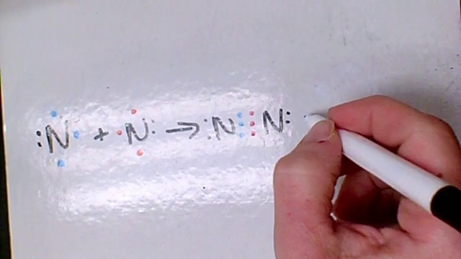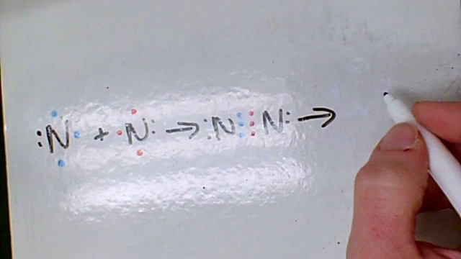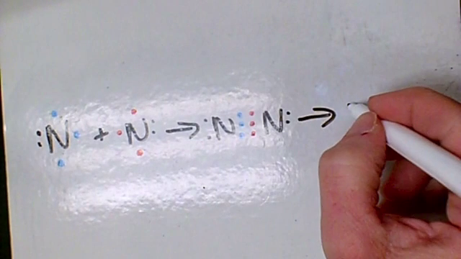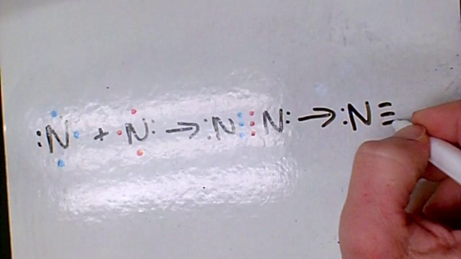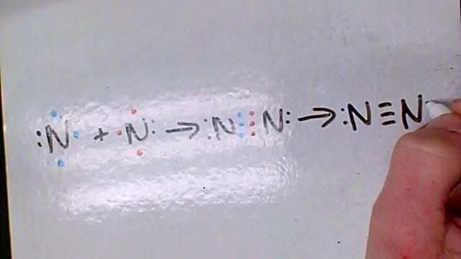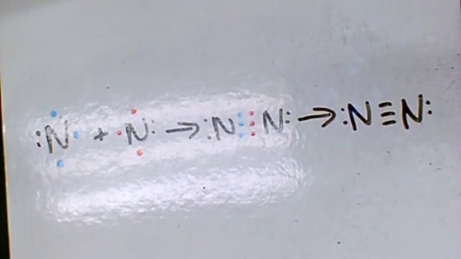And then replacing those 3 pairs with the lines for a bond. So that's how we represent a triple bond using Lewis structures.